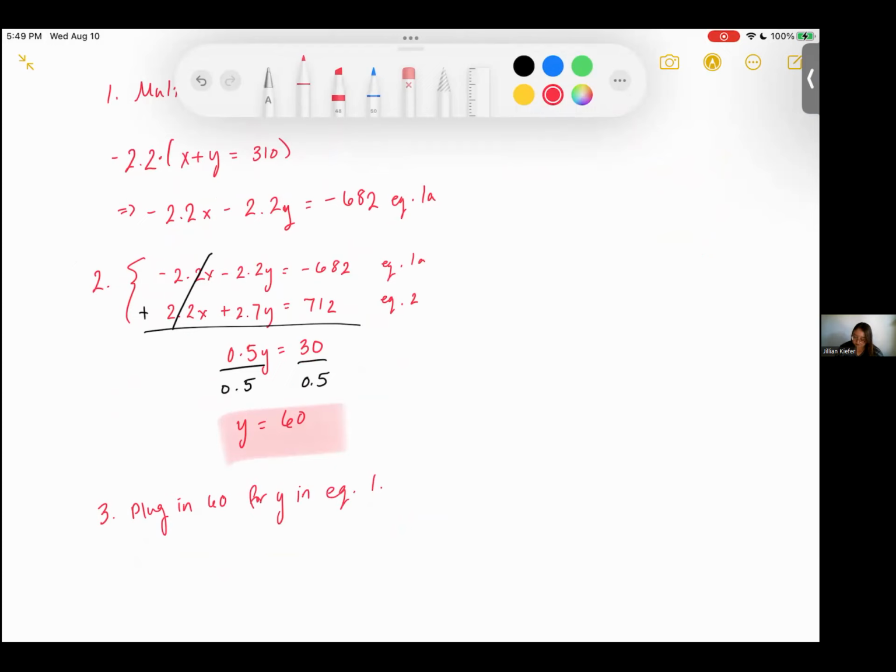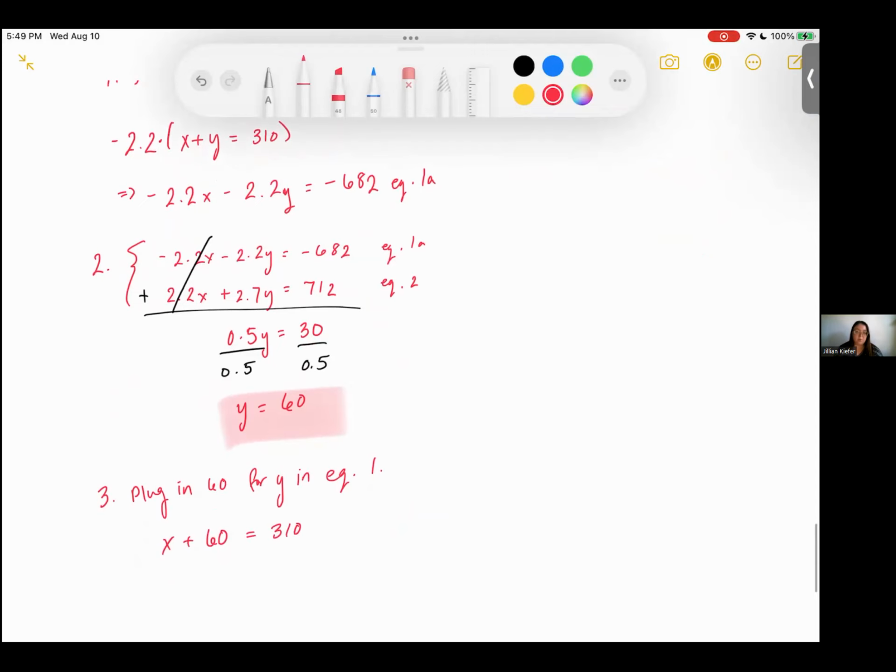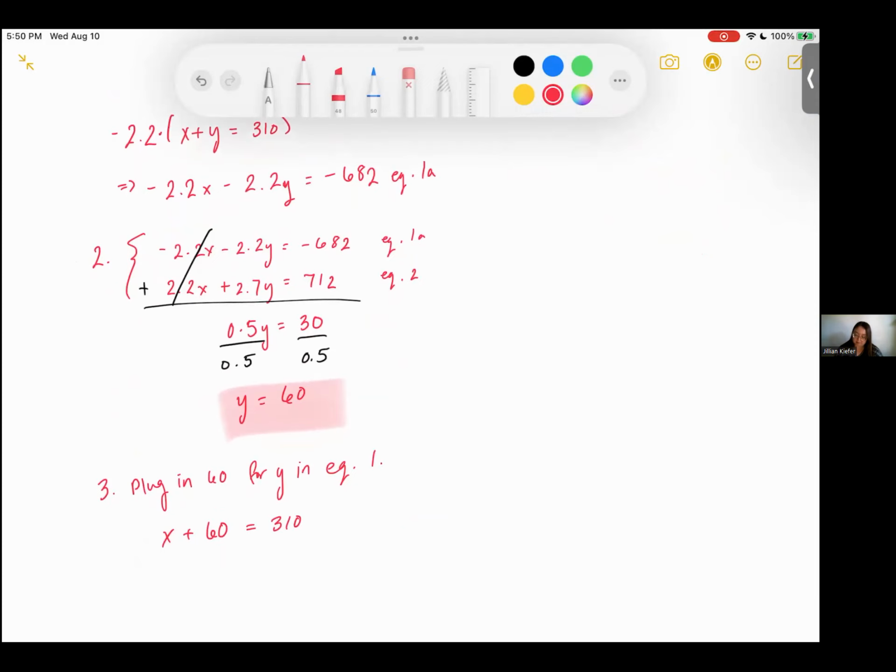Equation 1 was x plus y equal to 310. So x plus 60 is equal to 310. We're solving for x. We'll subtract 60 from both sides, which leaves us with x is equal to 250.